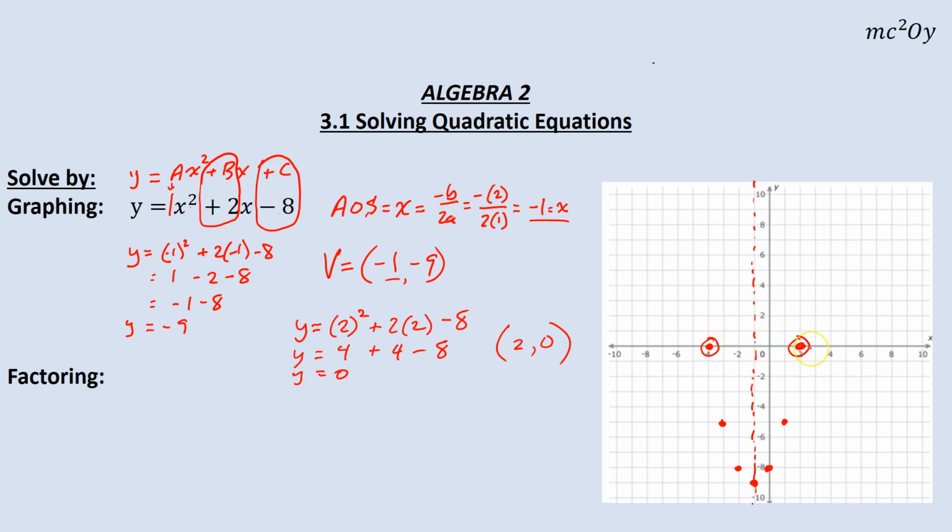We're looking for the x-intercepts. When you solve by graphing, you're looking for the x-intercept. So we have the x-intercept of 2, 0, and its reflection, -4, 0. Those are my solutions. If I solve by graphing, we can call those x-intercepts.